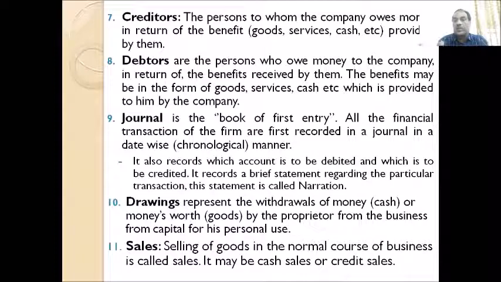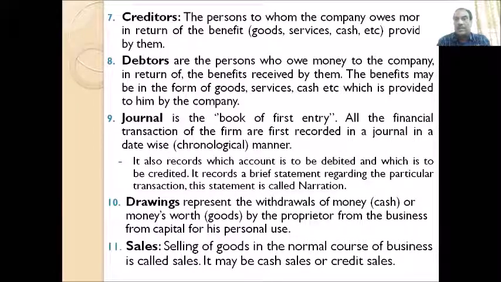The company has to pay the outsiders in return of the benefits provided by them. Debtors are the persons who owe money to the company. They are supposed to pay the company in return of the benefits received from the company. These benefits may be in the form of goods, services, cash, etc., which is provided to them by the company.